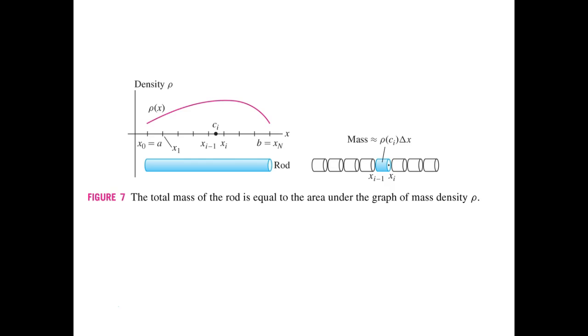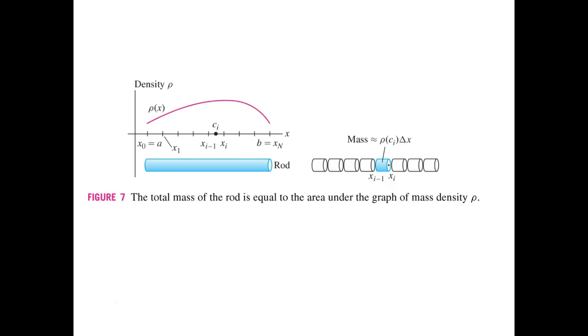So that's why they put approximately equal to rho at c sub i times your delta x. That'll be the mass of this piece. Then you're going to sum all those together from x equals A to x equals B, and then you'll have the total mass of your thing. Which, if you take the delta x being small enough down to dx, then that's an integral.